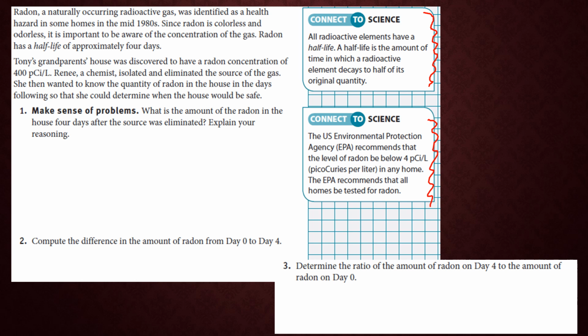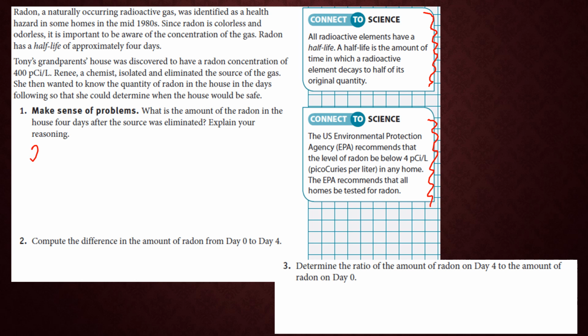Renee, a chemist, isolated and eliminated the source of the gas. She then wanted to know the quantity of radon in the house in the days following, so that she could determine when the house would be safe. First, what is the amount of the radon in the house 4 days after the source was eliminated? Explain your reasoning.